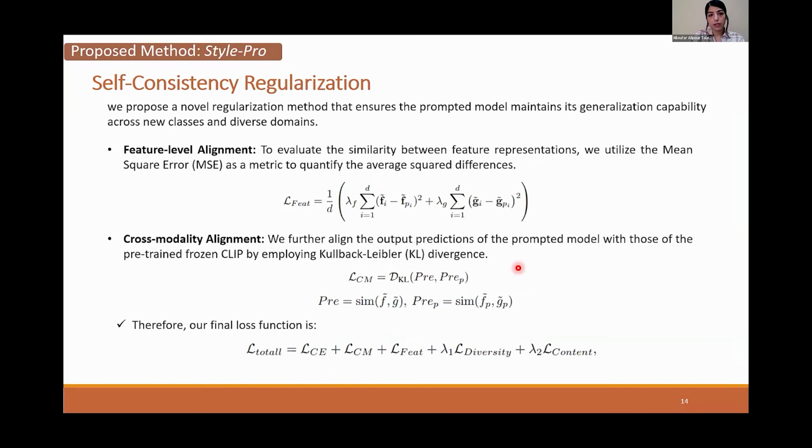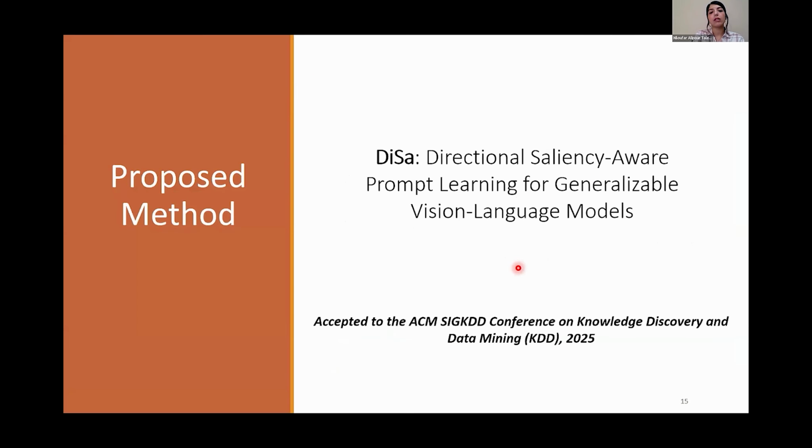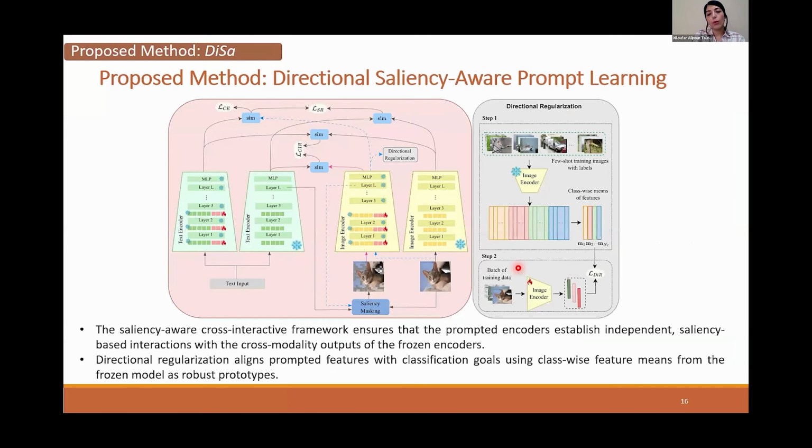I talked about the self-consistency regularization, and let's also take a look at DISA, the other work that we proposed to address the overfitting problem. Still in this work, we are using the self-consistency regularization because it is really helpful. It is a really powerful approach. But there are two main differences between this work and the previous one.